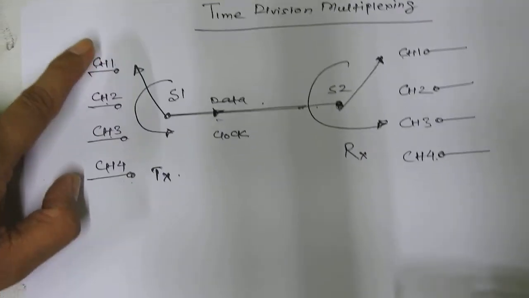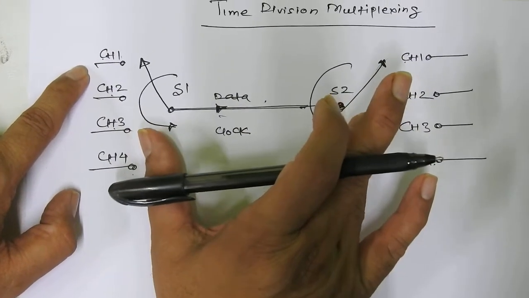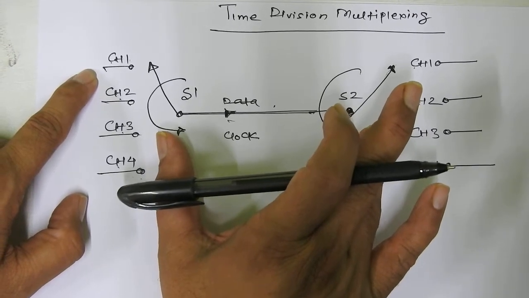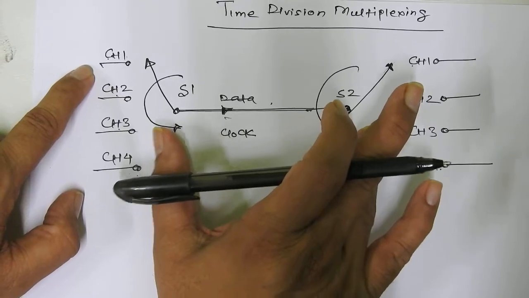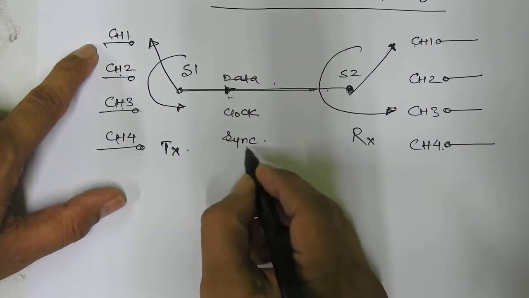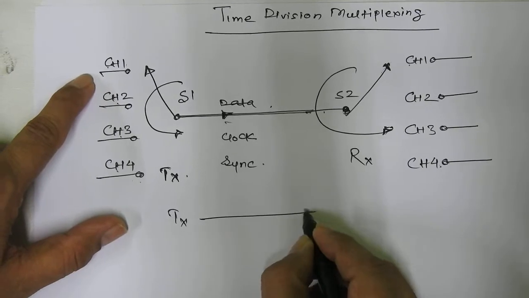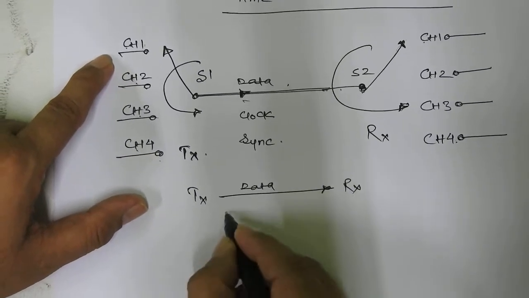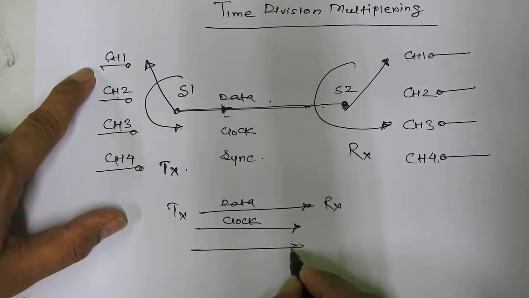So both switches should run with the same speed, but they should also have synchronization between the two switches. In terms of electronics, that is the synchronization pulse, or the sync. So to have 100% communication between transmitter and receiver, you need data, you need clock, and you need sync.